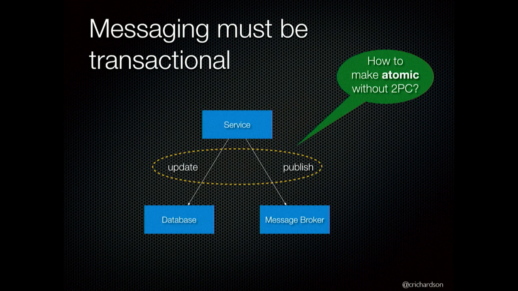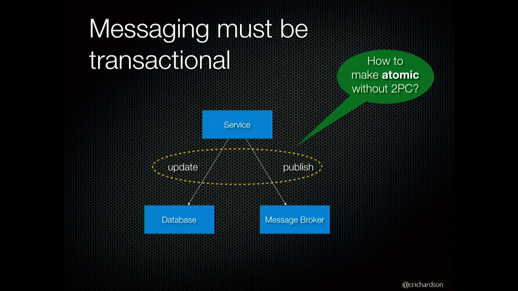Now, it turns out that in order for your system to be reliable, both of those things have to happen. If you update the data and fail to publish an event, your system is in an inconsistent state. If you update data, commit the transaction, and crash before publishing the event, you've got an inconsistency.